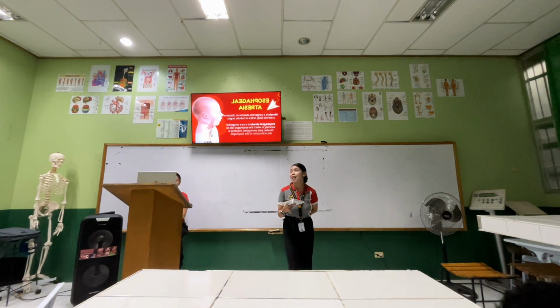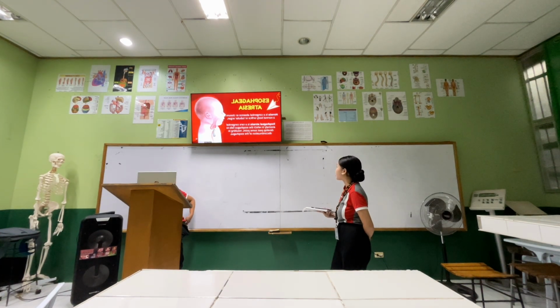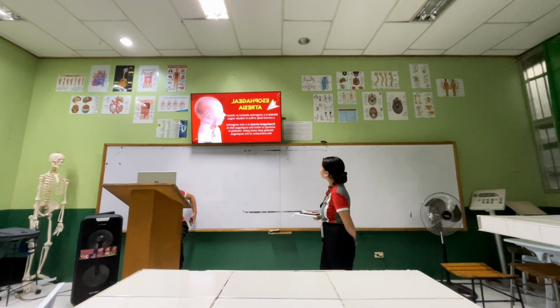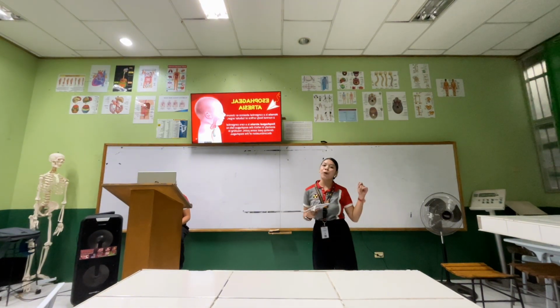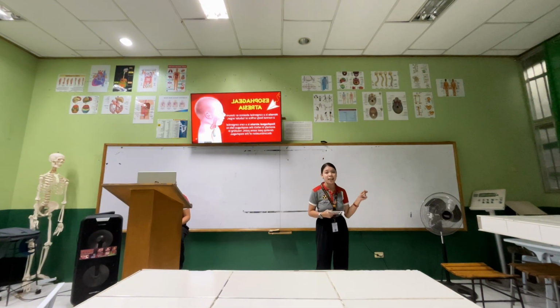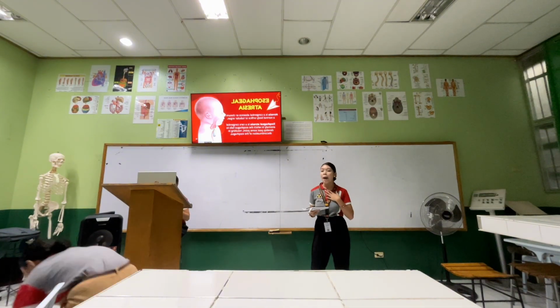So, first is esophageal atresia. Atresia is a congenital absence or closure of a normal body orifice or tubular organ. So, when we say atresia, it is a blockage, meaning the normal passage or opening in our body is closed.